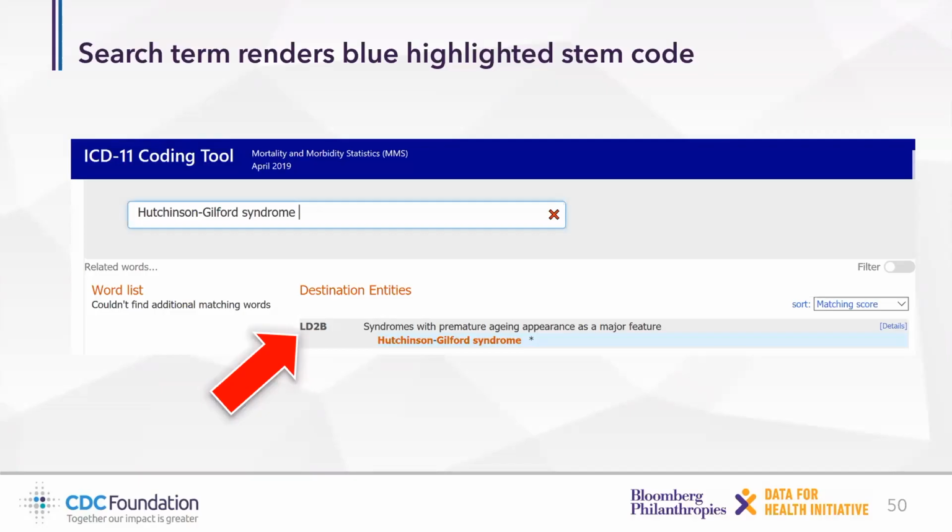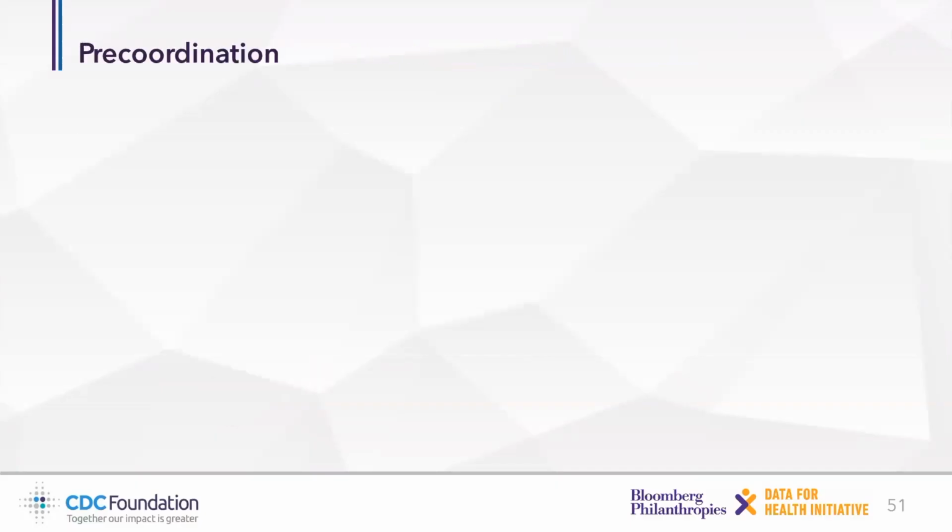The sole code for Hutchison-Gilford syndrome is LD2B, and it is indicated by a blue highlighted stem code, which we will discuss in a later presentation. So these are stem codes.